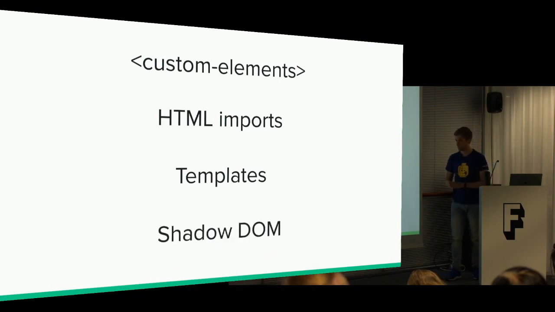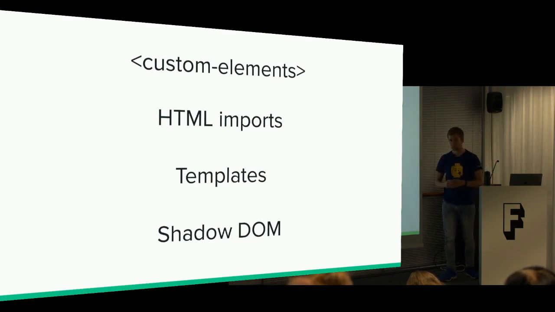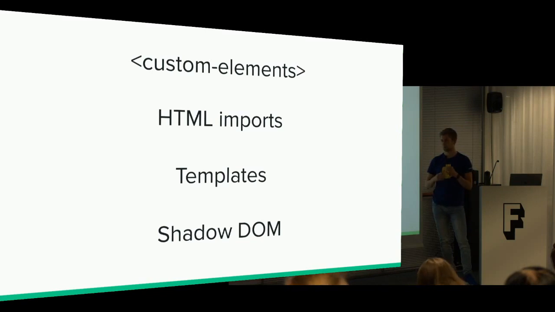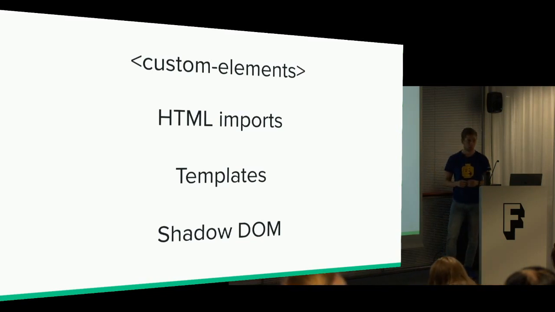And then the last specification is called Shadow DOM. Shadow DOM is kind of complex for the browsers to implement. But what it really means is that we can scope our custom elements to be totally separated from our application's DOM. Meaning that if we put some CSS rules, those CSS rules should not affect anything that is inside the Shadow DOM.